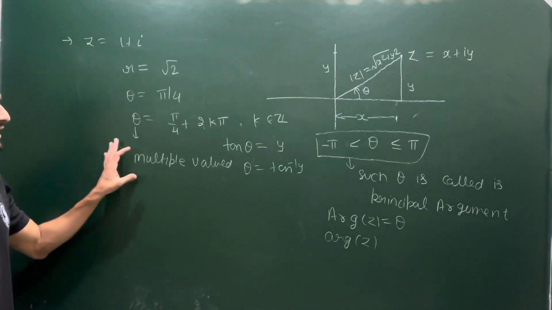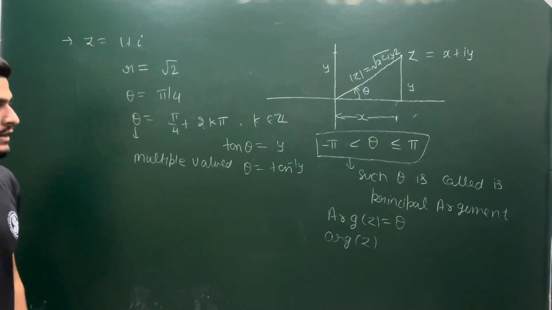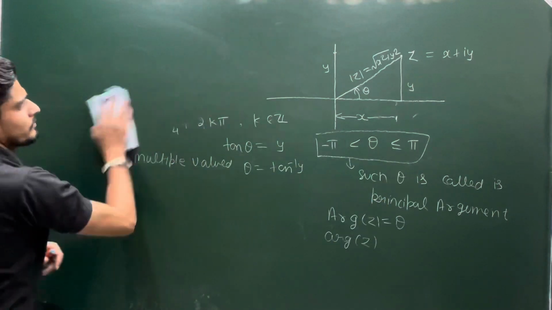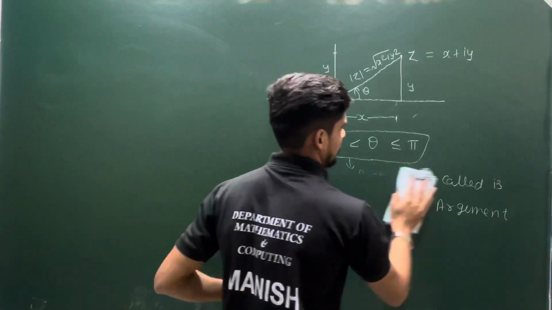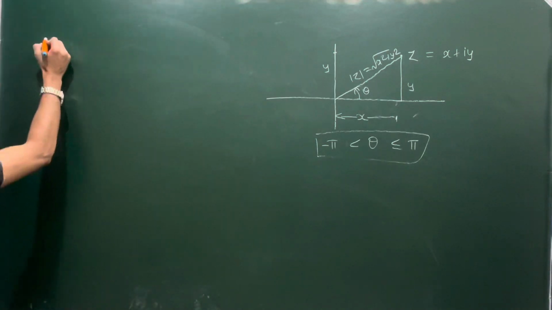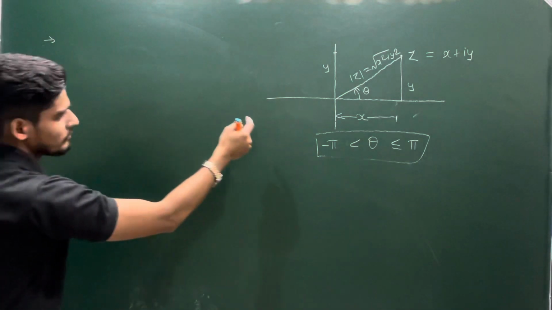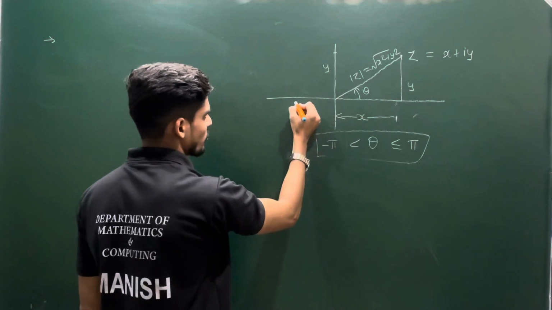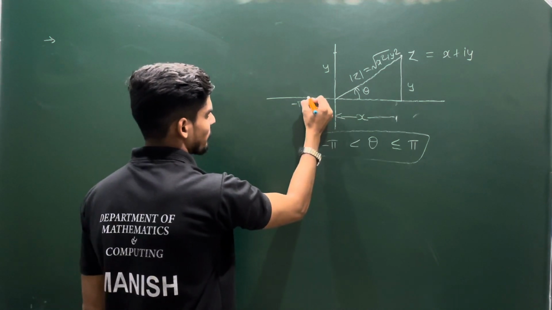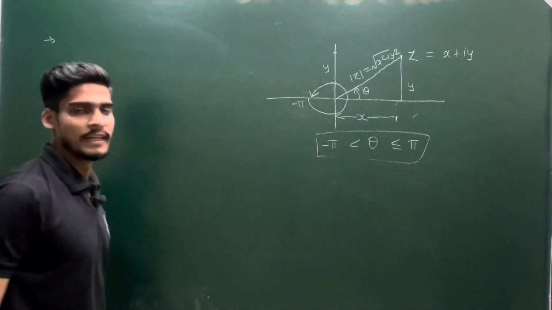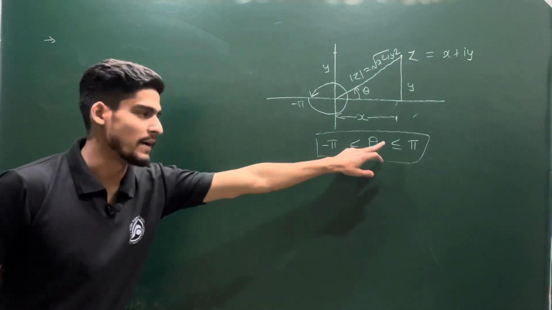Okay, if you understand this part, let me give you some more observations. So this will work, you are taking your theta from minus pi, so this is your minus pi, and this is your theta, which is fixed between minus pi to pi.